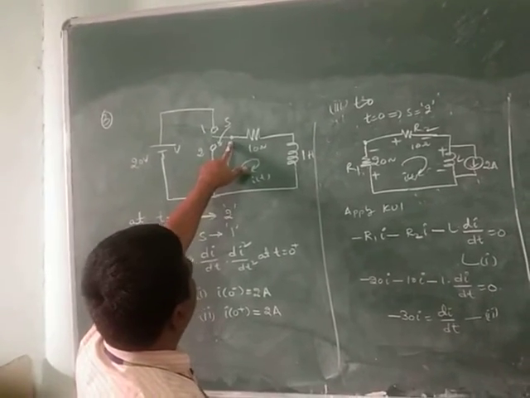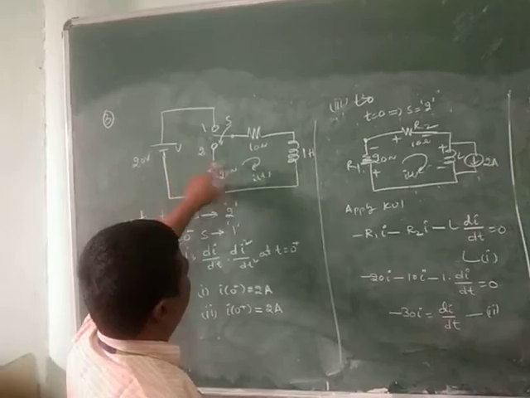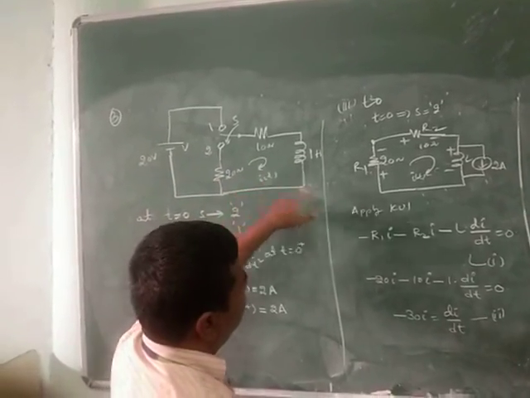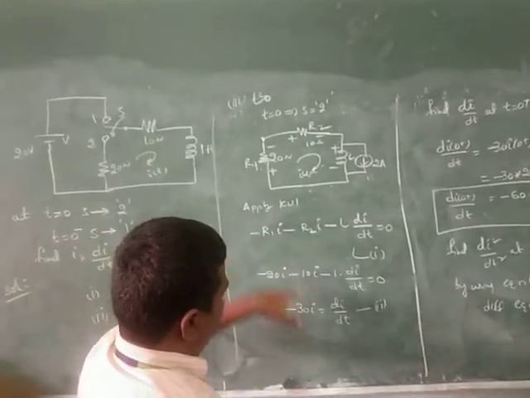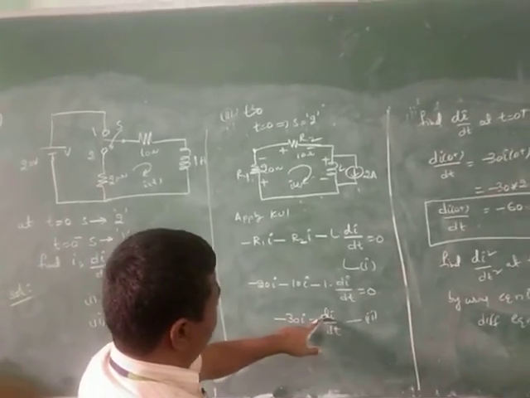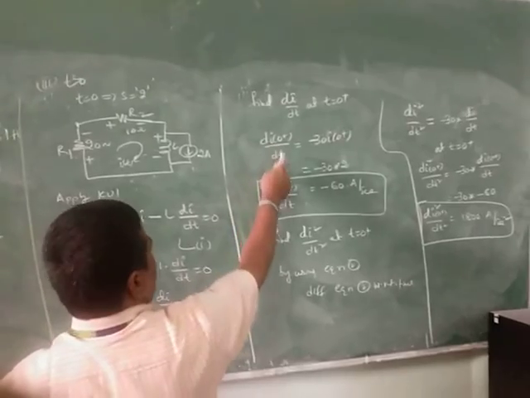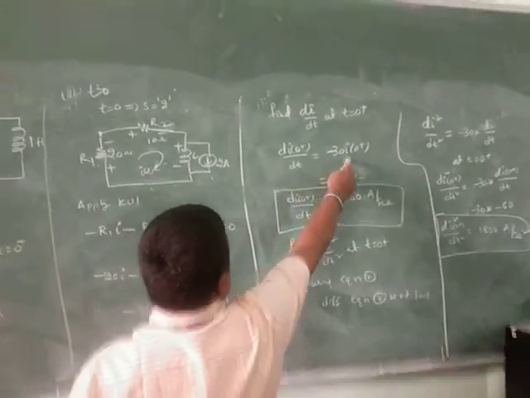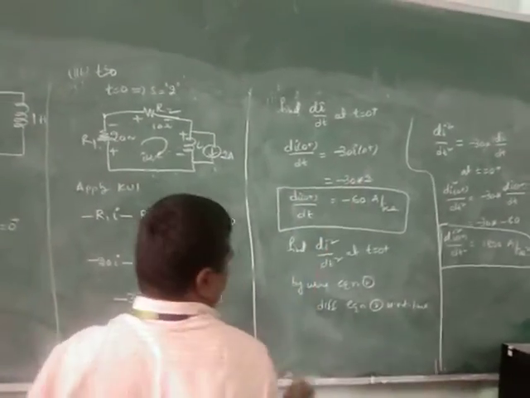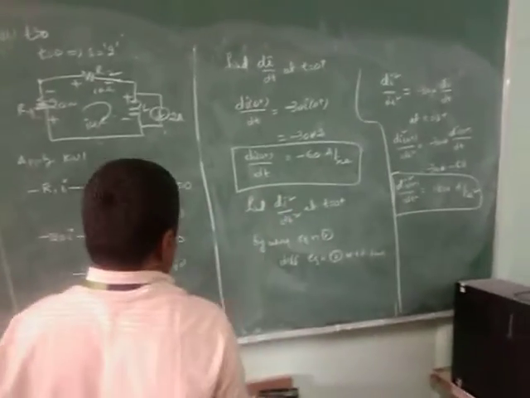Now at this position, the switch is connected to 2. Apply KVL to this loop. This is the KVL, then minus 30i is equal to di by dt. Then substitute the condition: di of 0 plus by dt is minus 30 into I of 0 plus, and I of 0 plus is equal to 2, so minus 60 amperes per second.